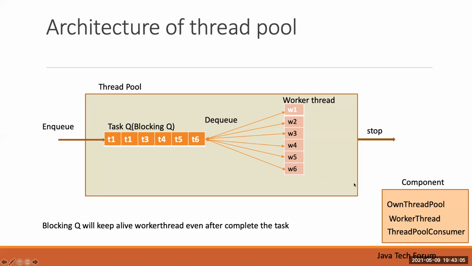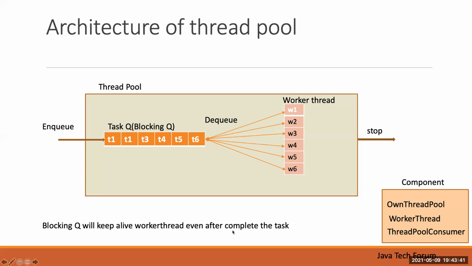In this, there are three components, and in my case each is a class. So I'm using three classes. One is the thread pool, my own thread pool class, which is just a plain Java class. The second one is the worker thread, where I'm implementing the Runnable interface, a kind of thread to execute the given task.